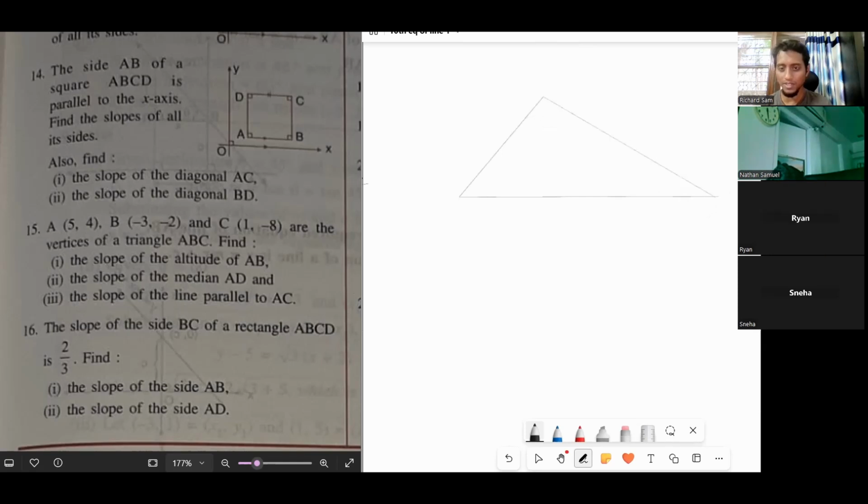Okay, if this is a triangle and I'm drawing altitude from this point A, altitude will be like this, perpendicular to the base. And median is a line joining A to the midpoint of BC. If this point is the midpoint of BC, then this line is called the altitude, I mean median. This is altitude. Altitude is perpendicular to the base.